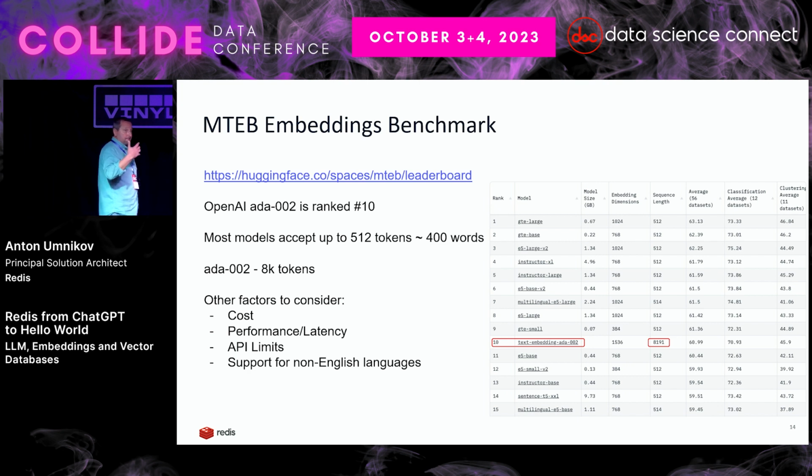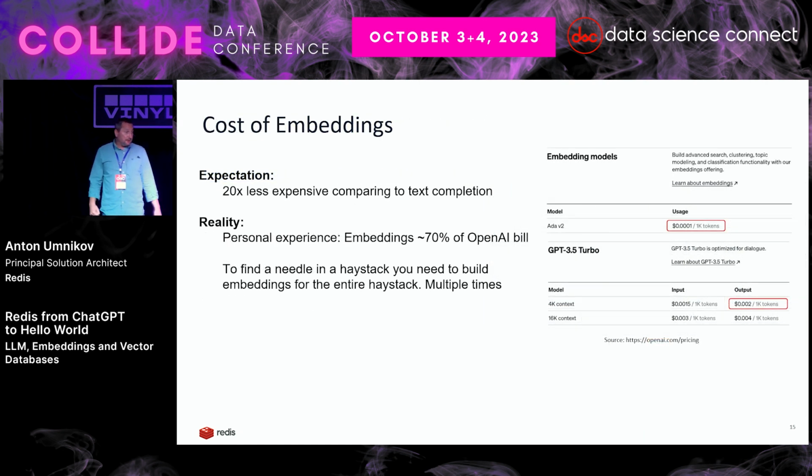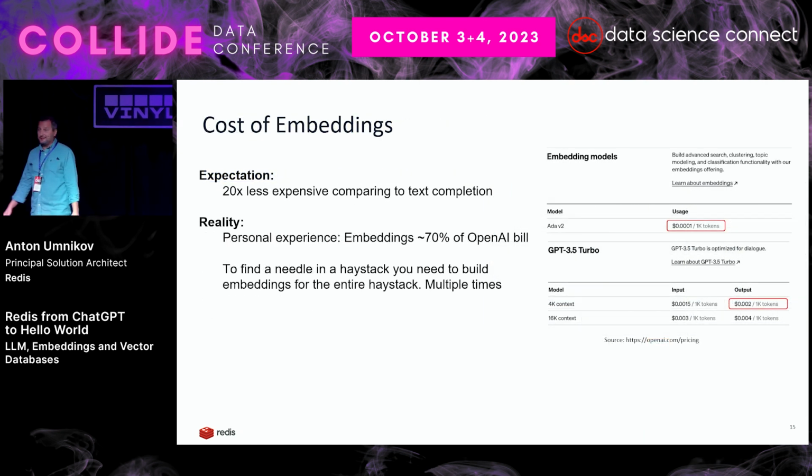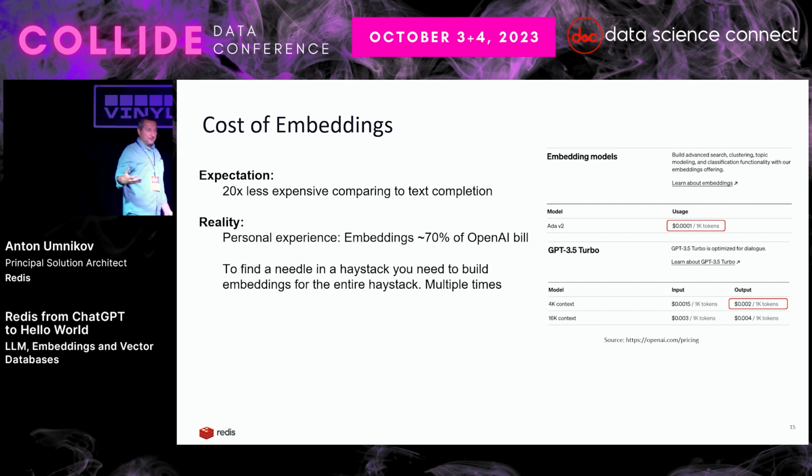So look at the cost, look at the performance. If you use an OpenAI embedding, the only way you can use it is to send requests somewhere out there to the OpenAI servers and retrieve that. Why don't you use that right within your own runtime? Cost is actually a very big factor there. If you look at the OpenAI price list, you would see that the cost of embedding per token is 20 times less than the cost of generating data using a large language model.